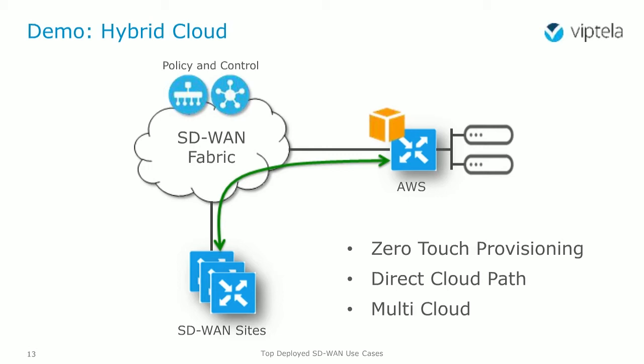Now, of course, if you deploy this in multiple AWS VPCs, all of those VPCs will join the SD-WAN fabric, and you'll just have one cohesive fabric that extends from your on-prem data centers or on-prem branches and into the public cloud VPC instances, multiple instances.